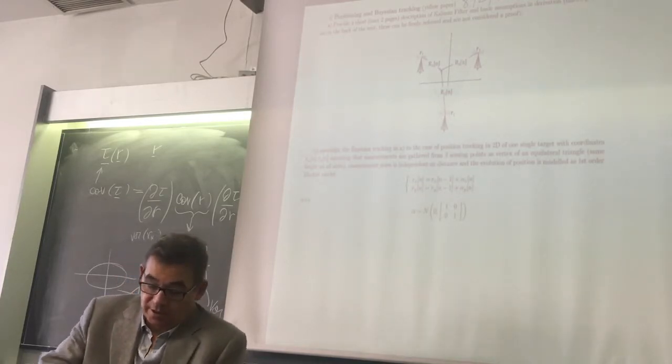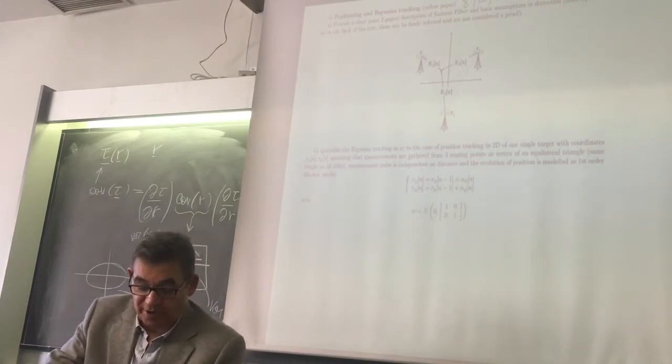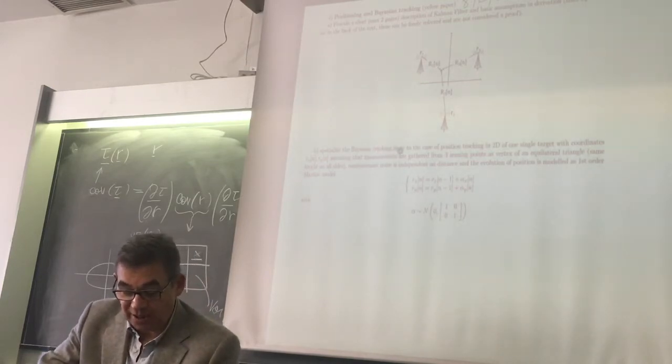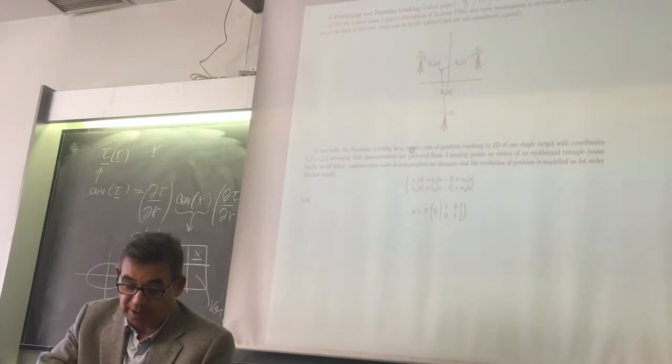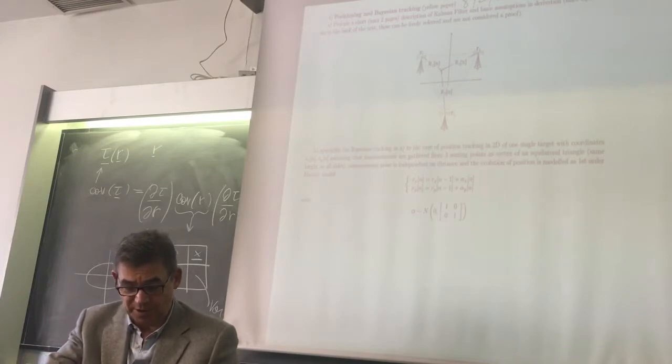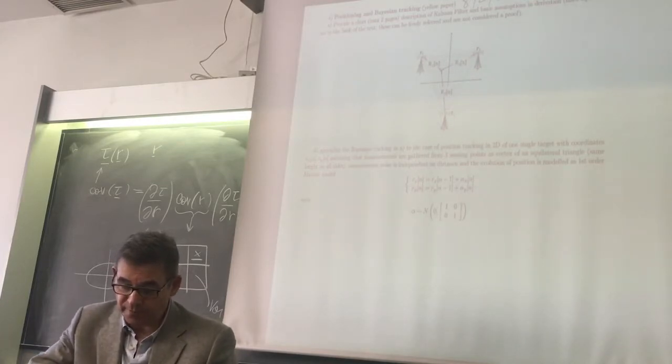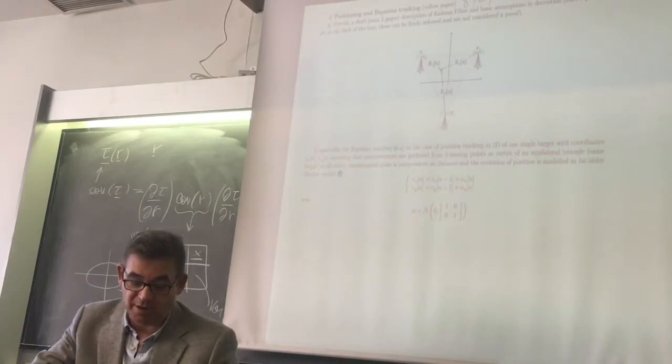Now, second, same figure. Specialize the Bayesian tracking in A, here, to the case of position tracking in one single target with coordinate Rx and Y, here, this guy here, assuming that measures are gathered from 3 sensing points, 1, 2, 3, as a vertex of equilateral triangle, okay, same length on all sides.